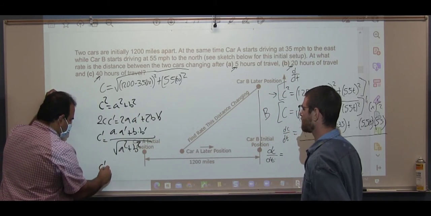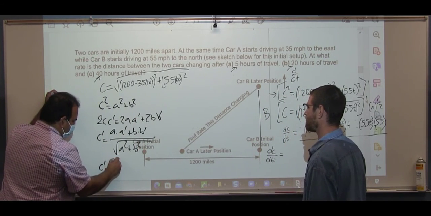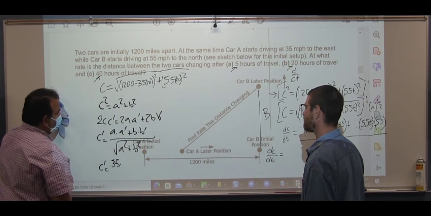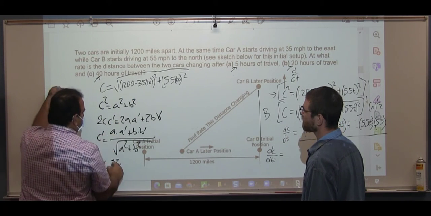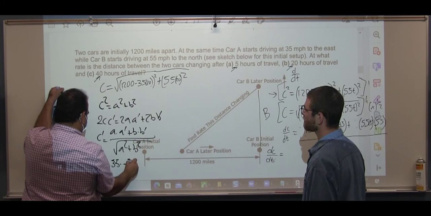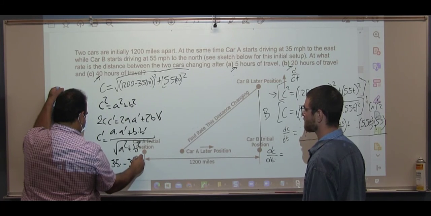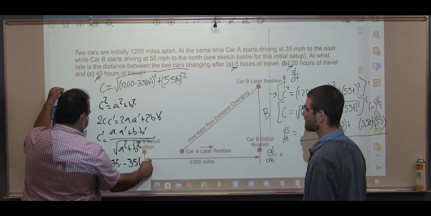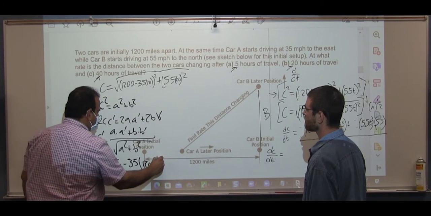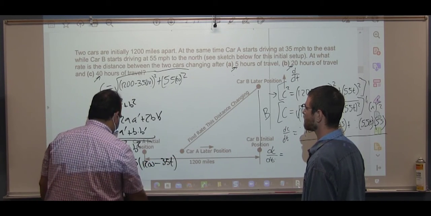So the c prime we calculated was a, which is 35, times a prime, which is negative 35, times 1200 minus 35t.